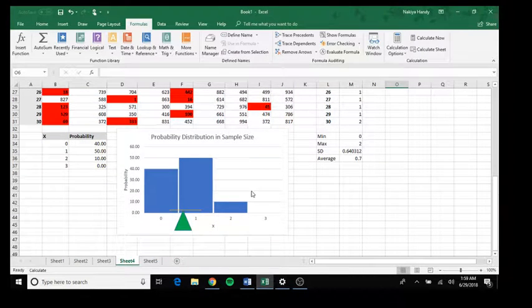So I use my probability chart to create my histogram. And, I did this. And basically, I use my standard deviation to put my triangle in place so that you can see where it balances off with the combinations and everything.